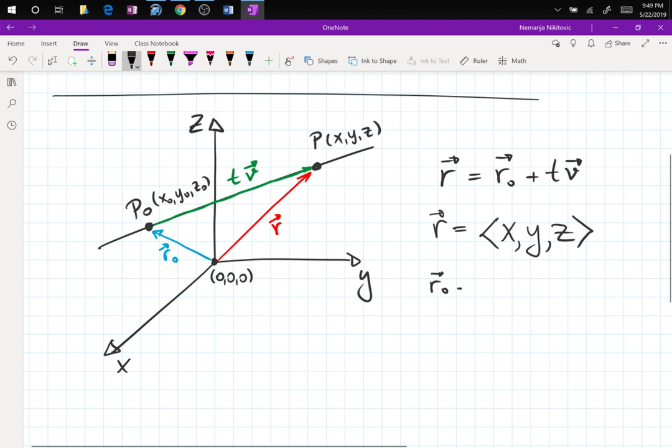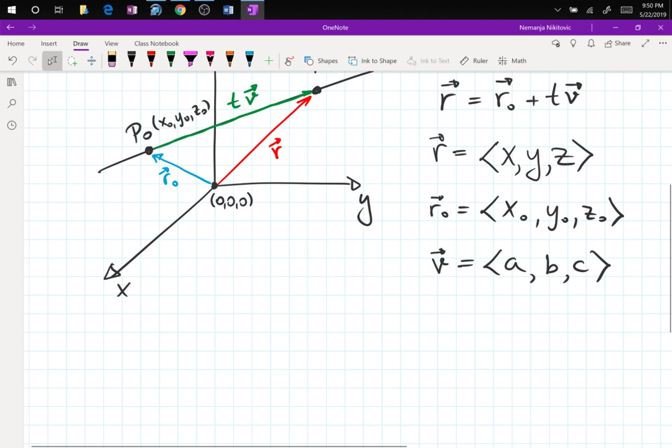Vector r0 is vector x0, y0, z0, as again you subtract the coordinates. So when you subtract all of these coordinates, you get these vectors, and we're just going to define vector v to be some a, b, c, because we just need values there.